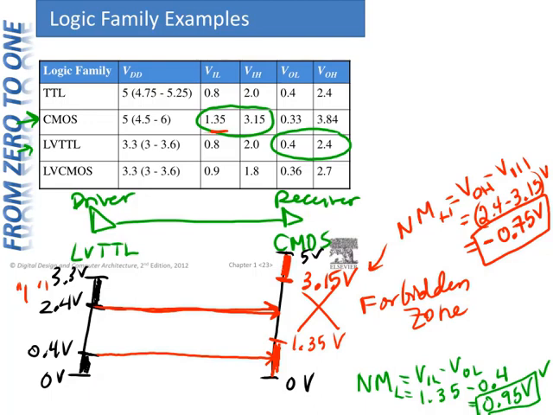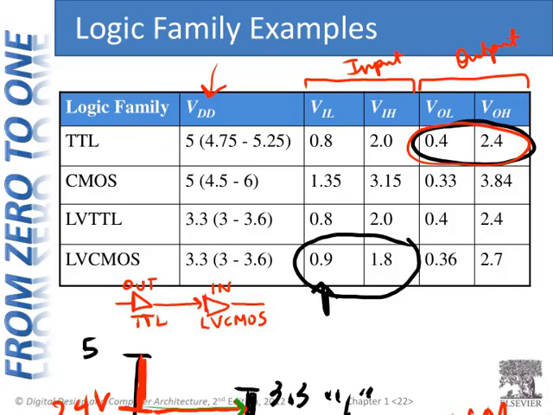So here's a case where we would try to run this circuit and it would either fail or fail intermittently, and we haven't done our homework or haven't done our research on making sure that these chips are compatible. One thing to note too, on this case as well as on the case we just looked at, is notice that this driver is also outputting up to 5 volts, so we have to make sure that in this case, LV-CMOS circuit could tolerate the high voltage levels as well.